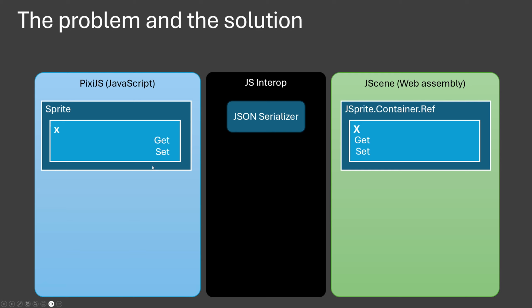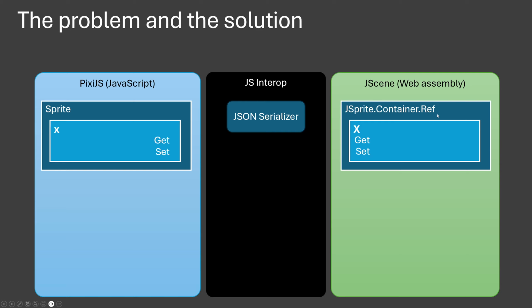On the WebAssembly side, in our application, we have a corresponding abstraction, our JSprite, that has a container property, a reference to the sprite object on the JavaScript side.